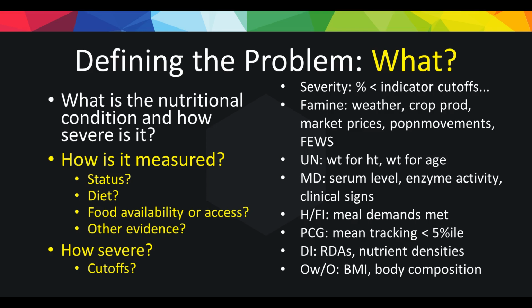And also kita tengok dari segi sama ada meal demands met, ataupun sama ada mean tracking dia adalah less than 5%. Kita tengok juga dari segi RDA, RNI, etc. in terms of nutrition, and also in terms of overweight and obese. They will look at the BMI, the body composition. So ini adalah what we call as pengukur in order for them to answer what is actually the problem and how severe it is.